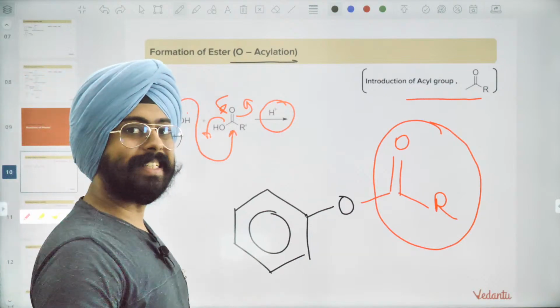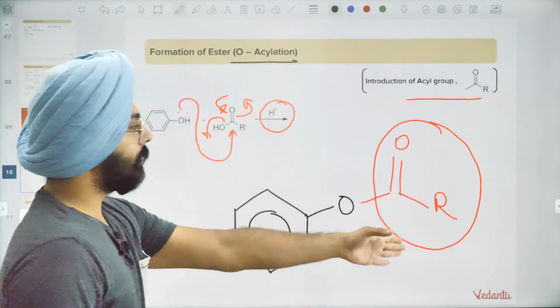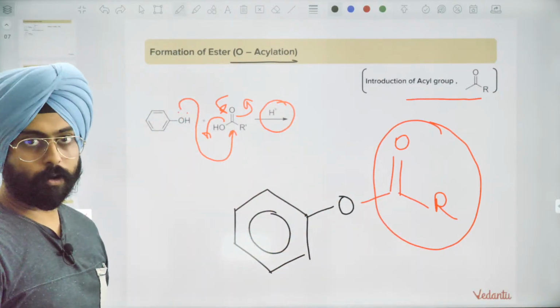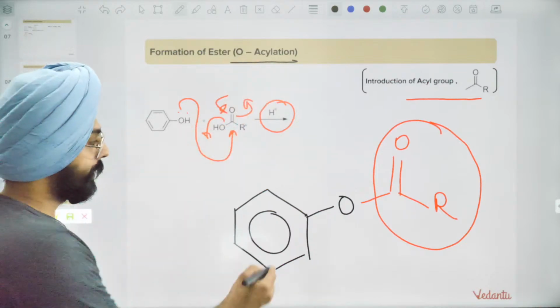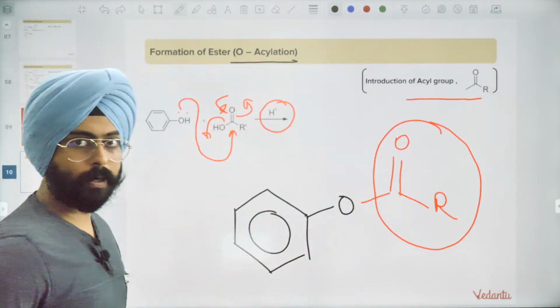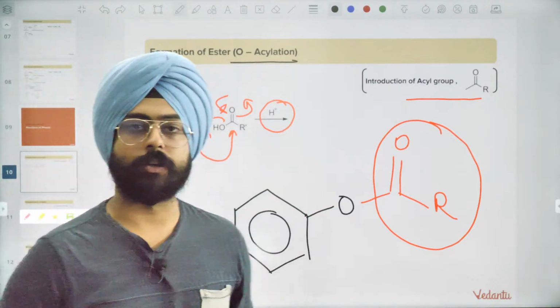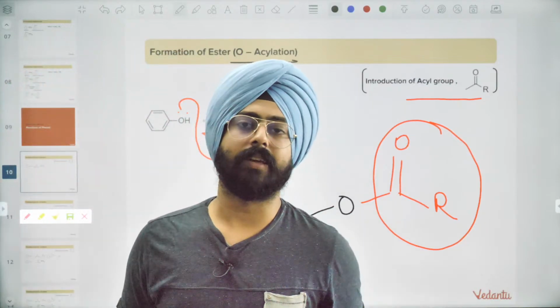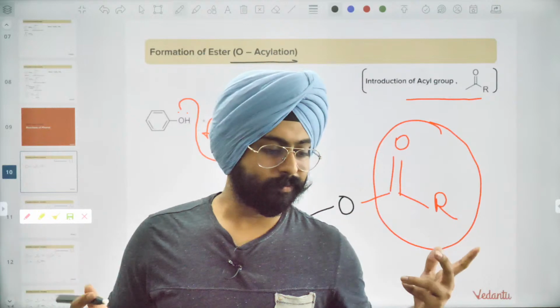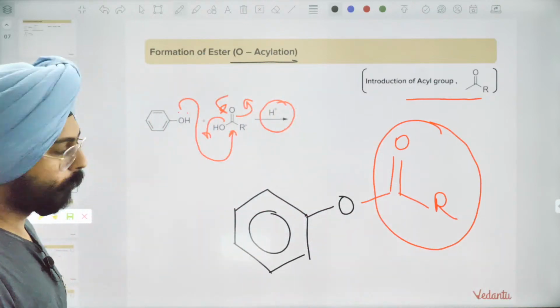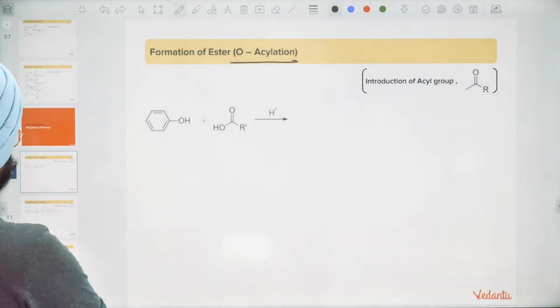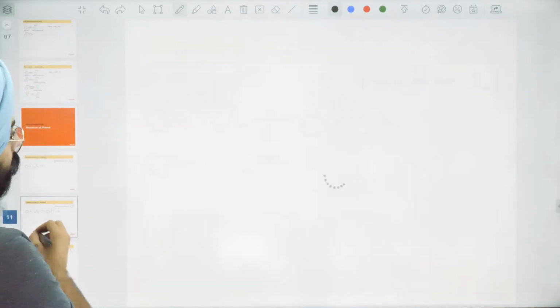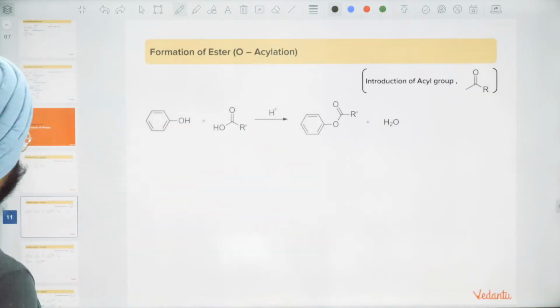You know the word acyl chlorides, yes? So this is acylation of the phenol. O-acylation, because the acylation is happening on the oxygen part. Technically just an esterification reaction. See, the esterification, we just give it a different name. Cool. Awesome. तो चलो, formation of ester भी हो गया. This is what is given over here. It just tells you the entire reaction.